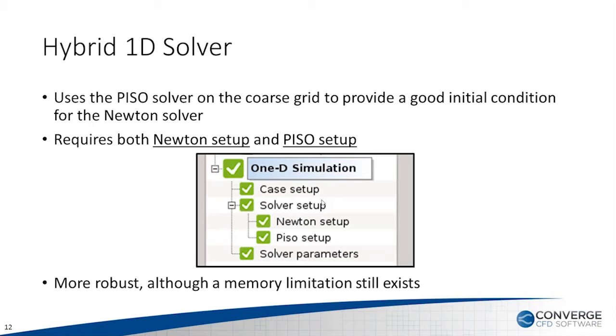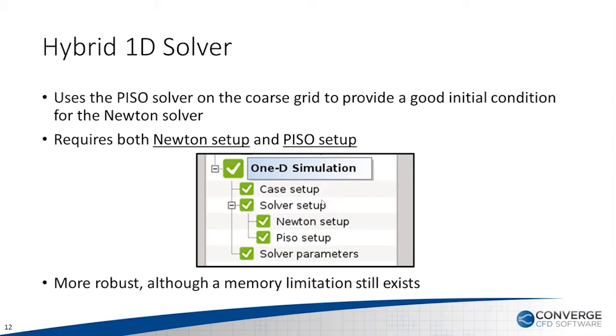Then this comes to the third method we proposed here. It's hybrid. Basically, it combines the PISO solver and the Newton solver together. The idea is really simple: how about we just use the PISO solver to provide an initial condition for the Newton solver? In this way, we do not necessarily have the accuracy and CPU hour trade-off.